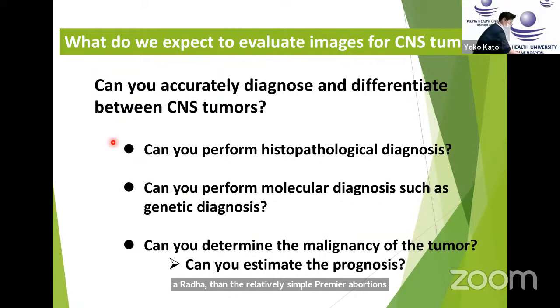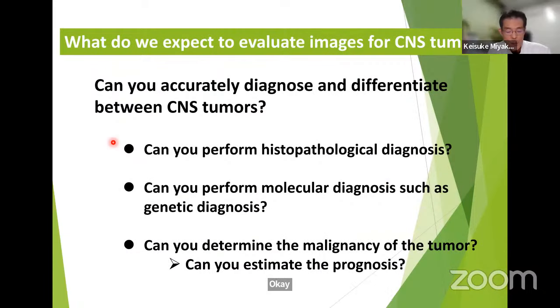Here we have some difficult questions. What do you expect to evaluate image for CNS tumors? Can you actually diagnose and differentiate between CNS tumor, perform histopathological diagnosis, or perform molecular diagnosis such as genetic diagnosis, or determine the malignancy of tumors, or estimate the prognosis?